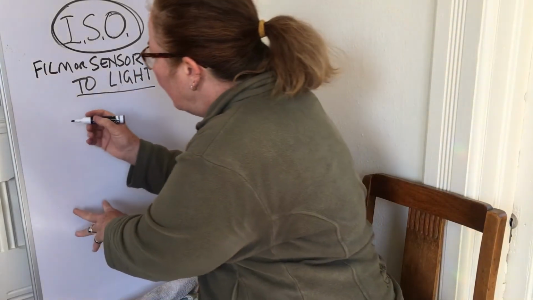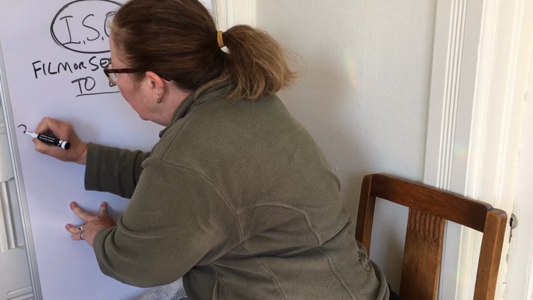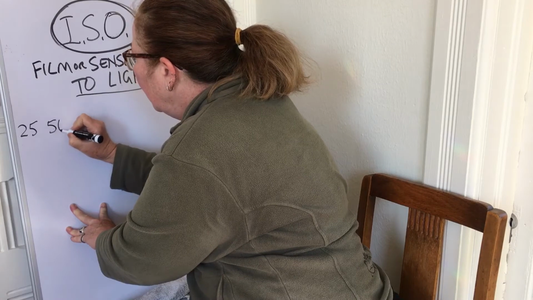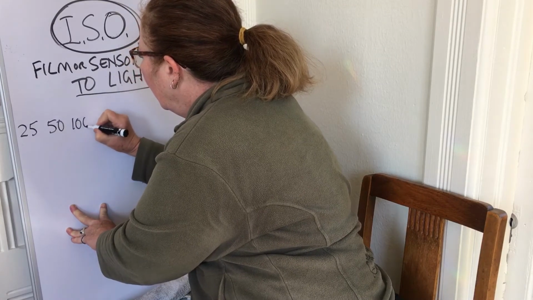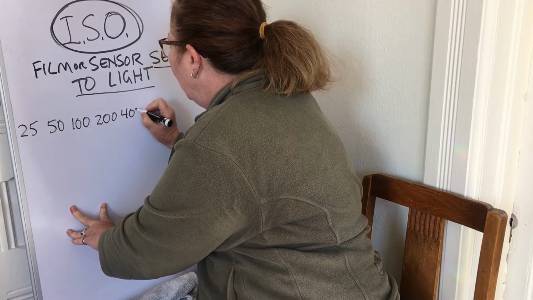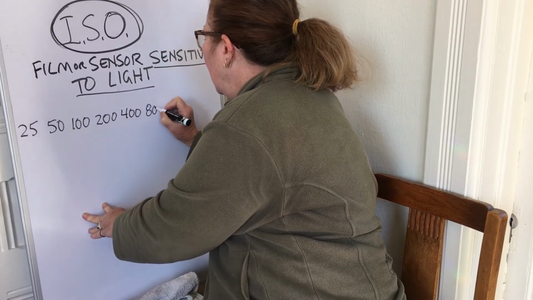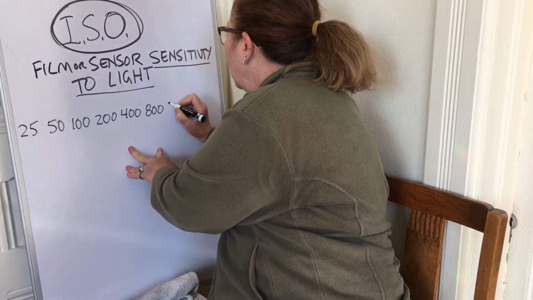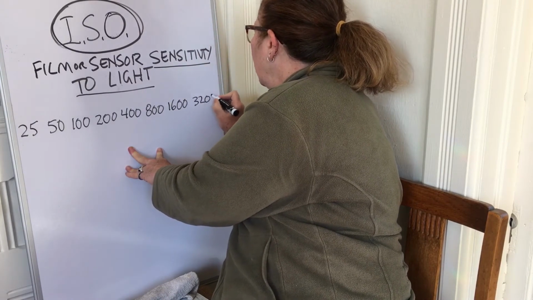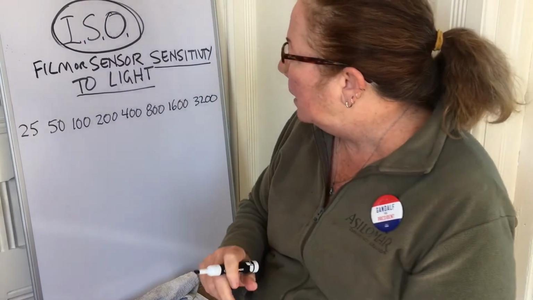So those numbers could be something like this. You'd have 25, 50, 100, 200, 400, 800, 1600, 3200, okay?